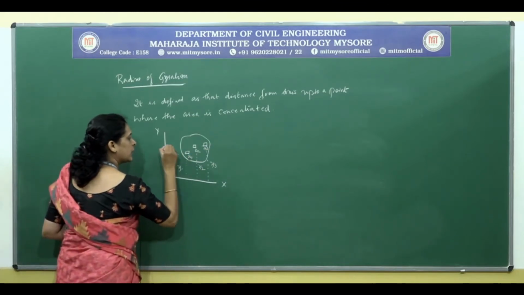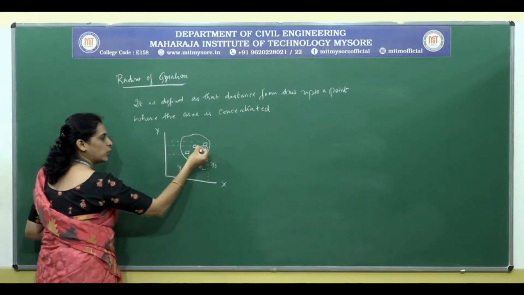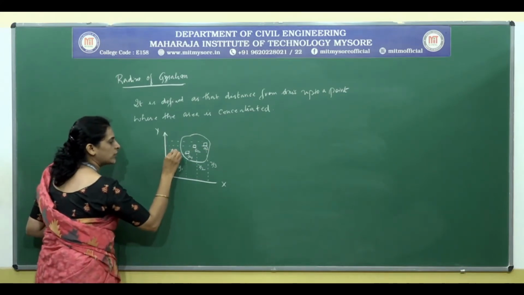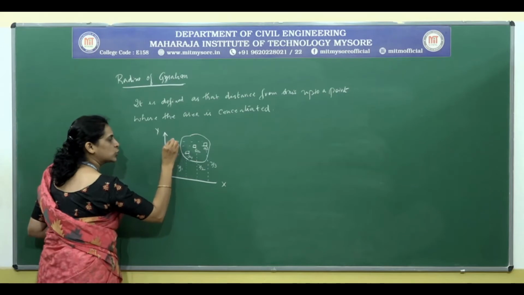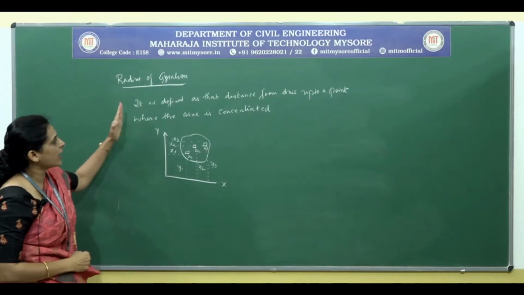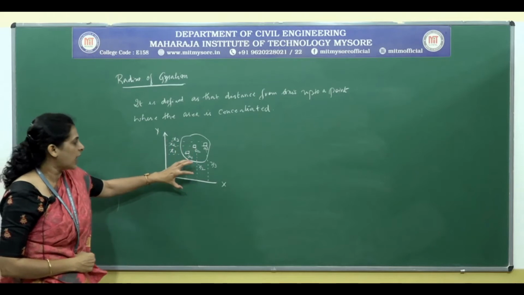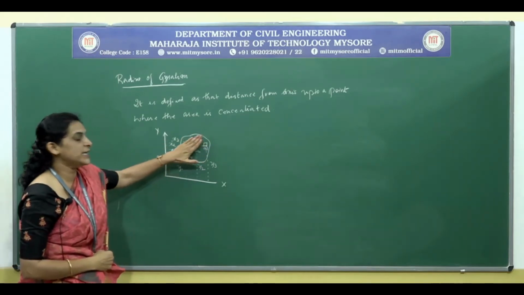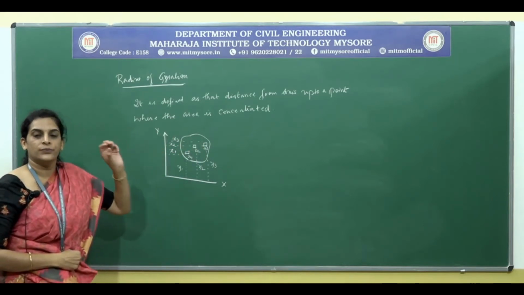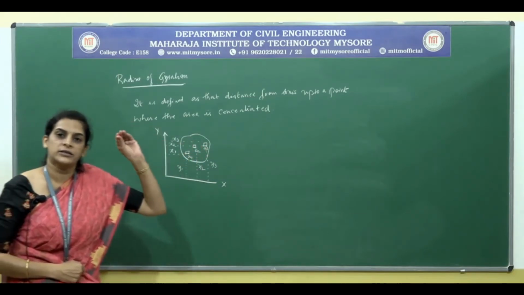Similarly, we are locating the distance of A1, A2 and A3 taking Y as the reference, and we shall denote that as x1, x2 and x3 respectively. So here, as per our definition, in spite of these elementary areas being dispersed, we'll consider that all the areas have been concentrated at some point.